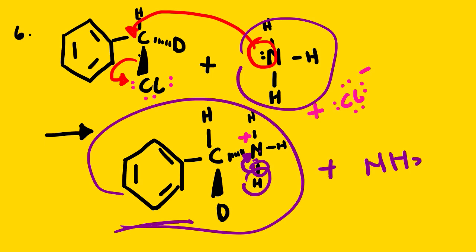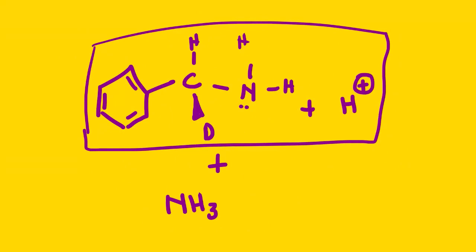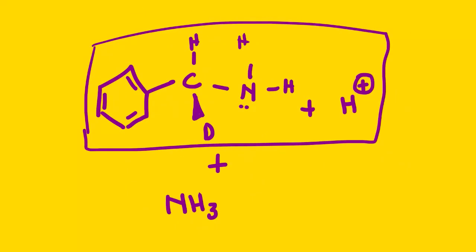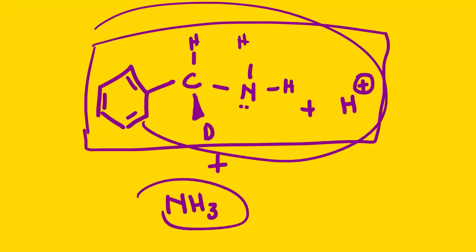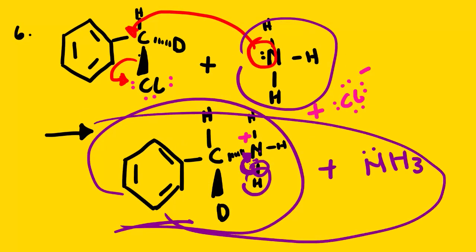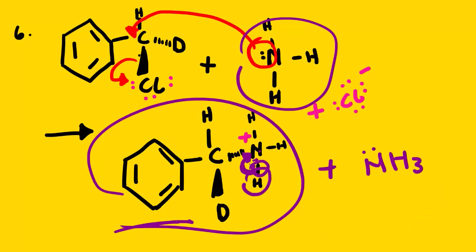You'll have to say plus NH3. But what I've done here, for the sake of explanation, is show you that once we take this hydrogen's pair of electrons, they go to nitrogen, we are going to have something like this. And then this reacted with nitrogen is the very same step that we have here, which is the whole thing here.